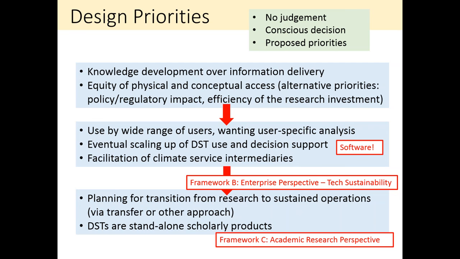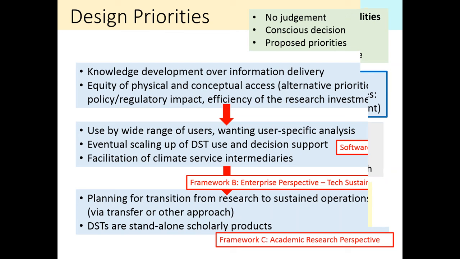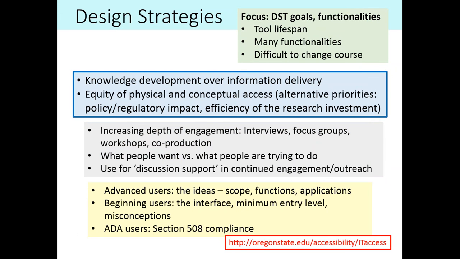How can they be evaluated as scholarly products in and of themselves, not simply as a topic of a journal article, for example? So for the rest of this time, I'm going to focus on these first two elements because this last box is going to be addressed in subsequent webinars. So I'm going to focus on these first two here, the design priorities and what that means for strategies.